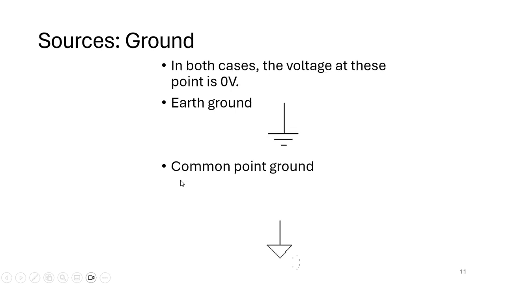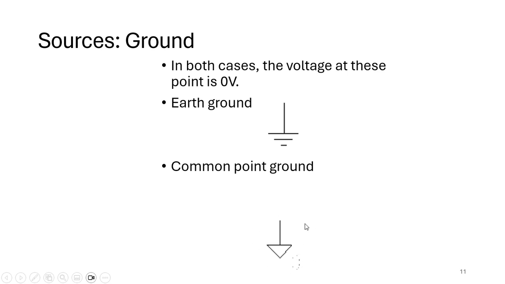Okay. When it comes to both of those, in both cases, the voltage at this point we consider to be 0 volts. Okay. When it comes to earth ground, this is the symbol that you will typically see used. And then your common point ground, this is typically the symbol that we use.